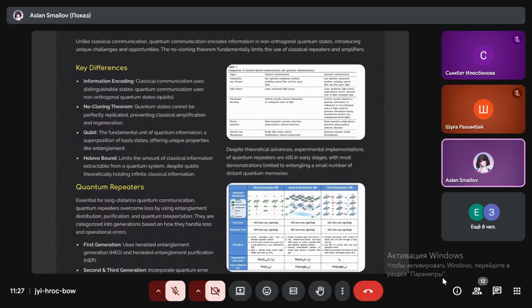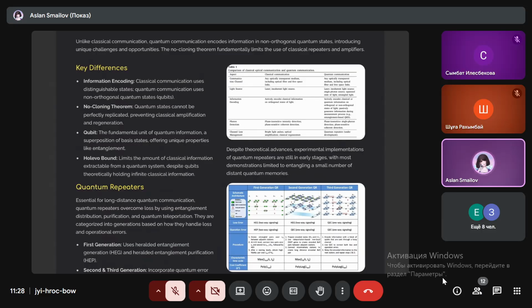And the main advantage of the quantum repeaters is that we don't have the loss of, like, the voices. For example, we have my voice, and there will be some noises.